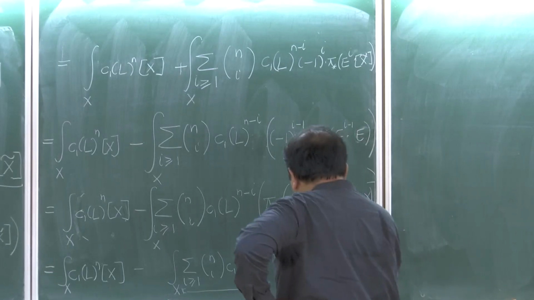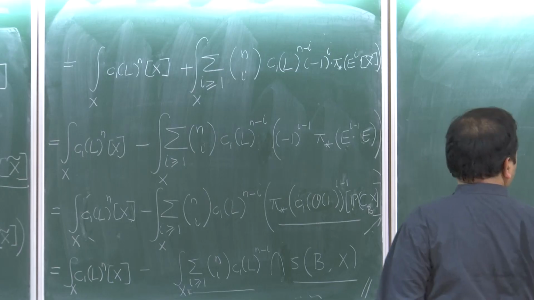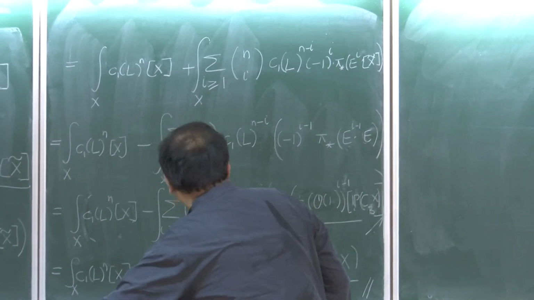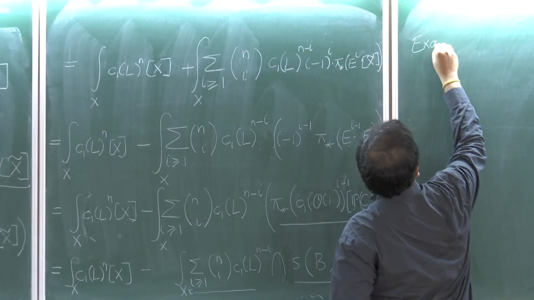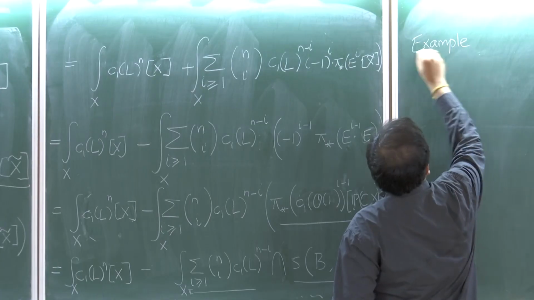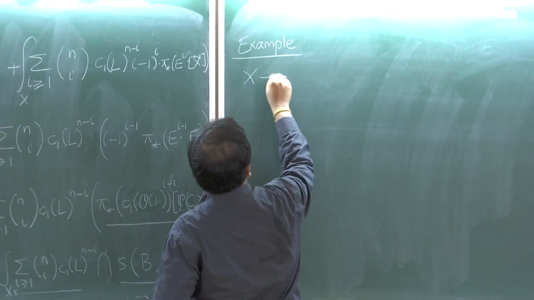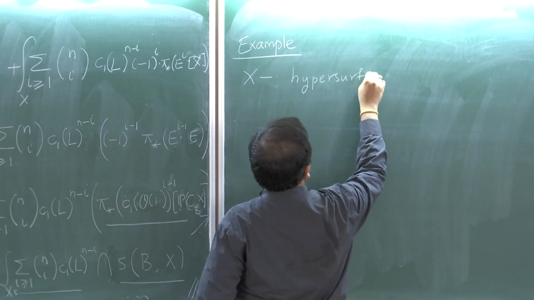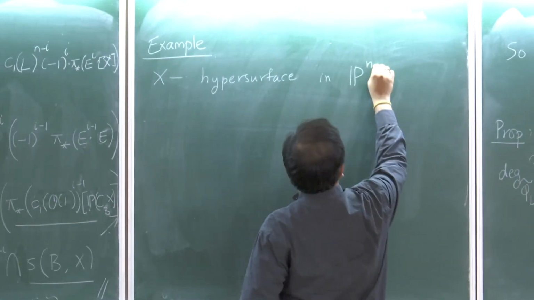Okay, so maybe I will just show you a place where this is applied, assuming the formula. A related thing to this is that suppose you have X a hypersurface in Pn.